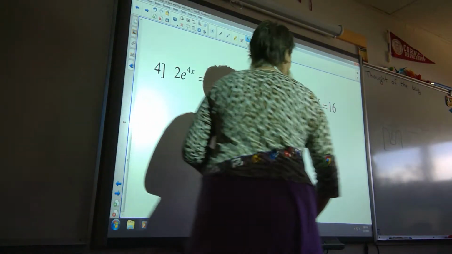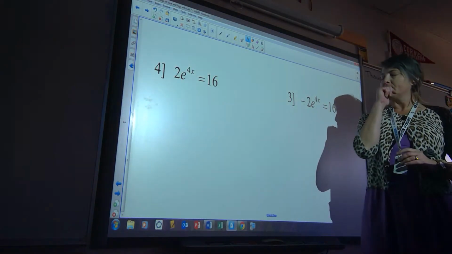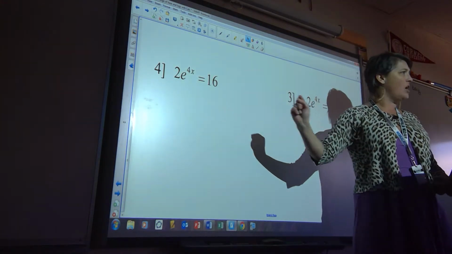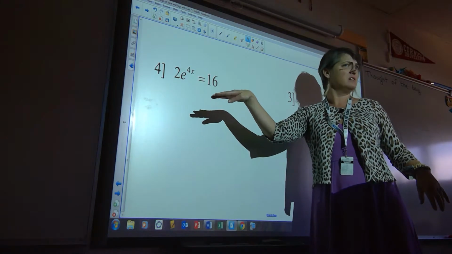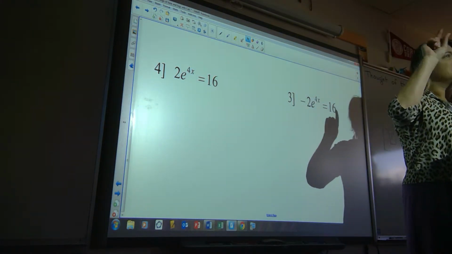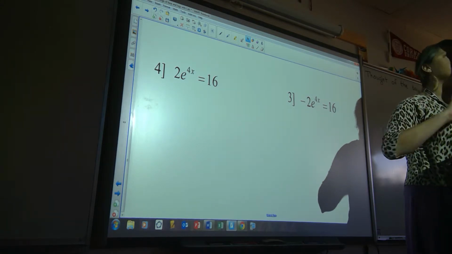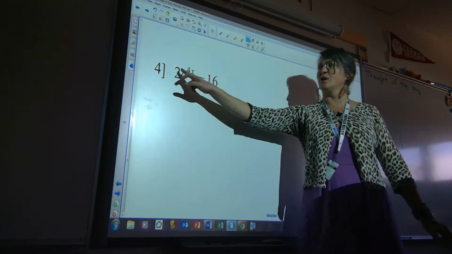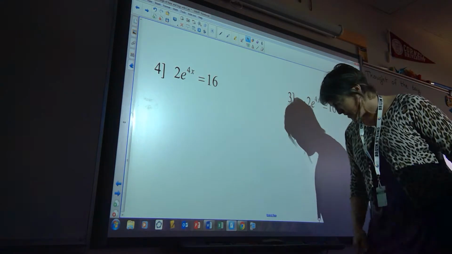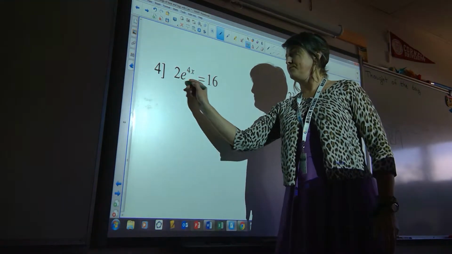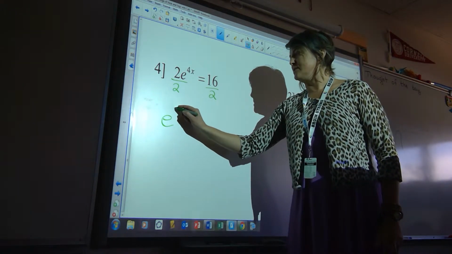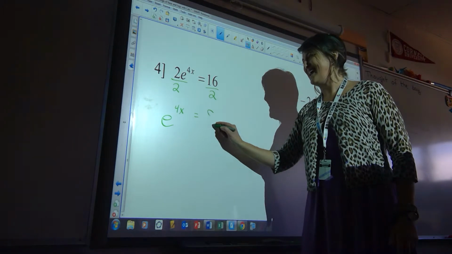Oh yeah, let me talk about these. So if this was something that I had to rewrite as a log, it's actually not ready to be rewritten as a log. If you haven't tackled 9J yet, there's a few problems like this where they have these coefficients and you kind of have to know what to do with those. You need to divide it out before you rewrite it. So then you've got e to the 4x equals 8.